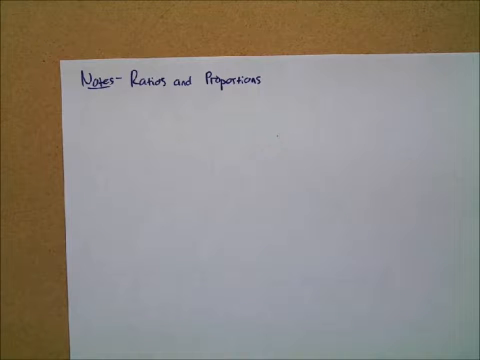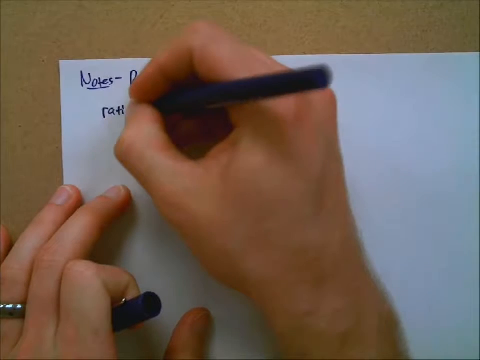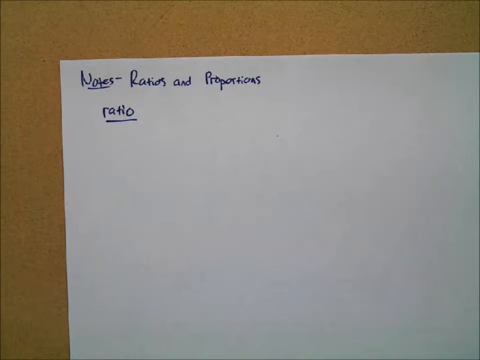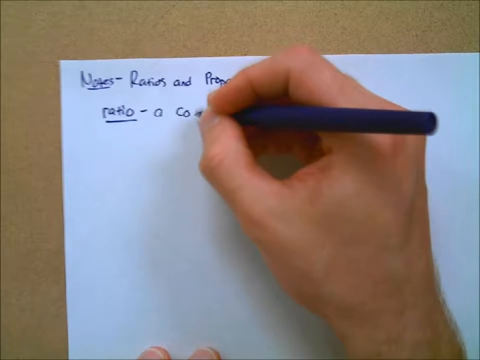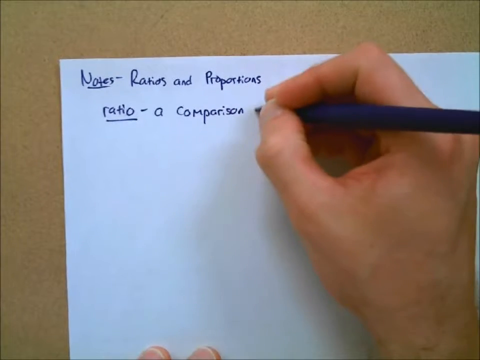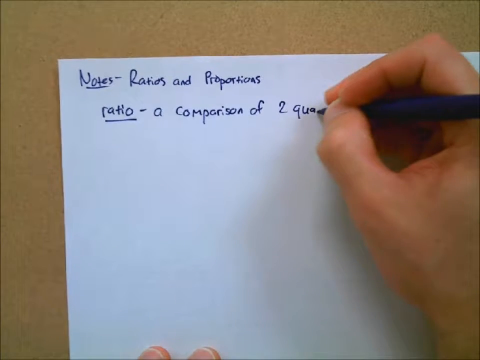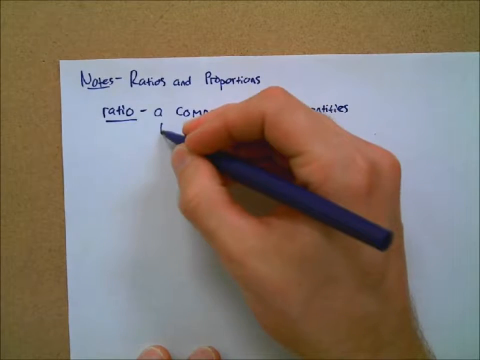So first of all, let me do some definitions here. A ratio. We're going to use this word, but I want to tell you what it is. A ratio is a comparison of two quantities, so typically numbers, by division.